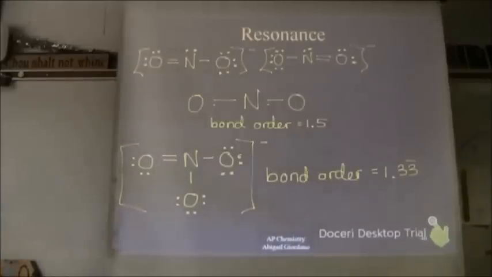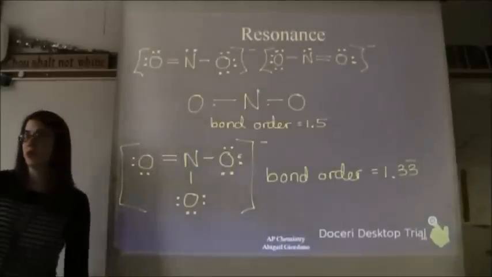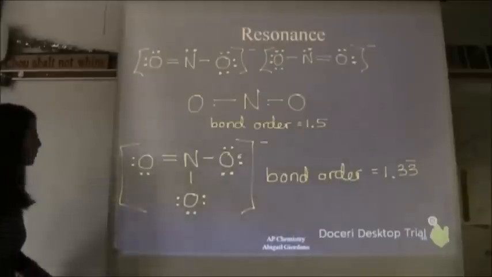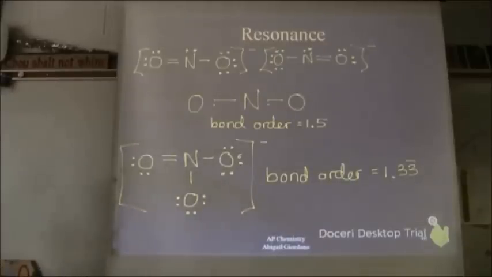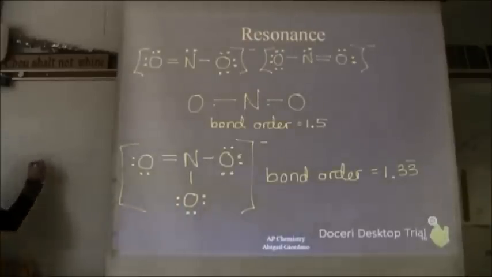That's one way you could call it. A resonating pair of electrons. Or, if you want to be fancy, because I know that you do, you could call this pair of electrons that can move around, you could call them this.